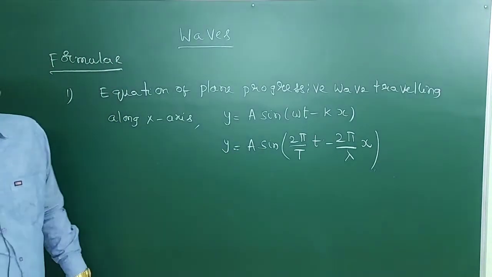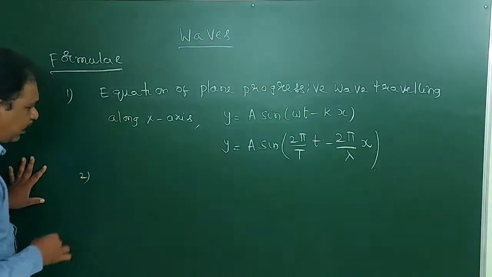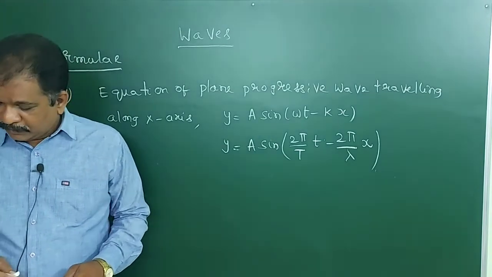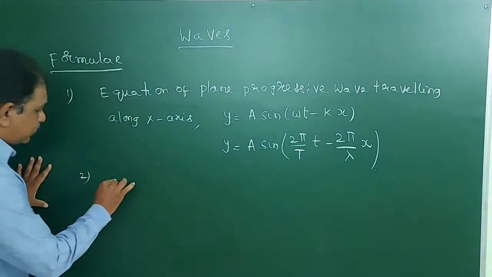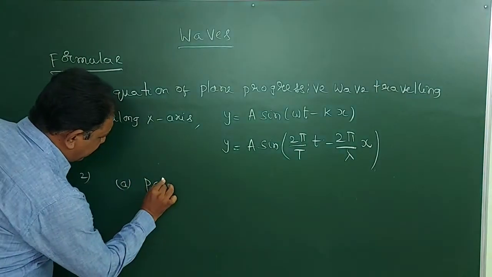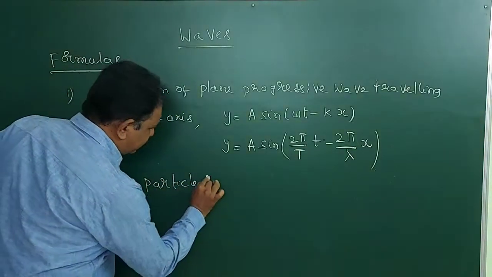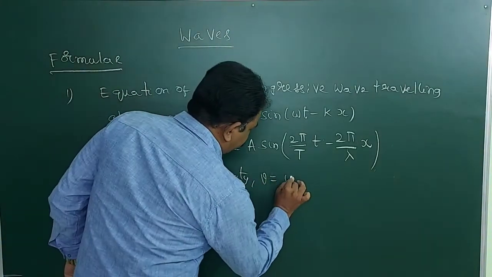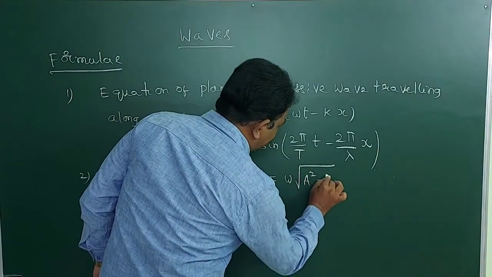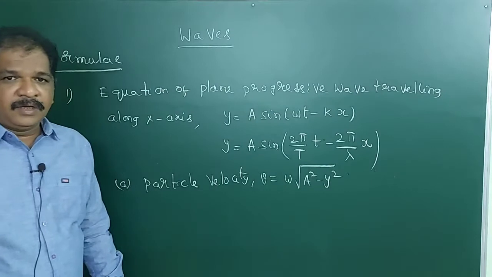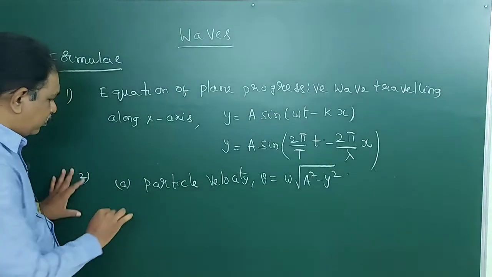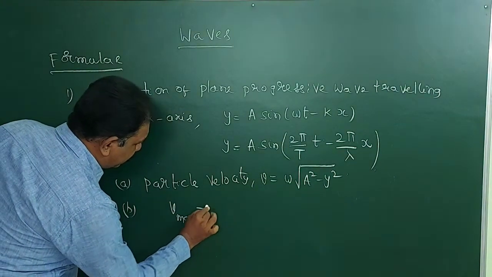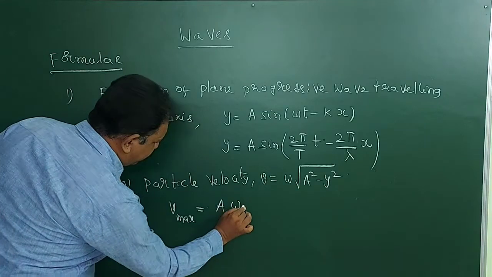Okay. Next. Here they will ask what is particle velocity, what is wave velocity. Like that they will ask the questions. So particle velocity: v = ω√(A² − y²). That is the formula. Maximum particle velocity will be Aω.